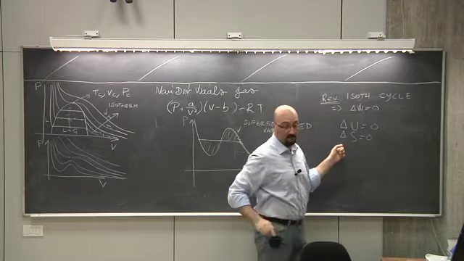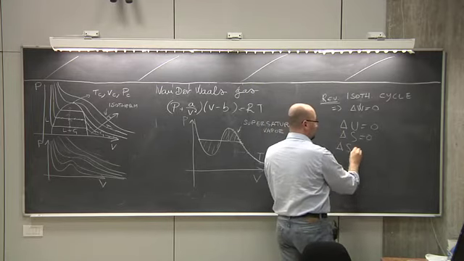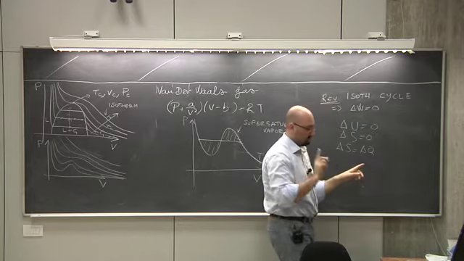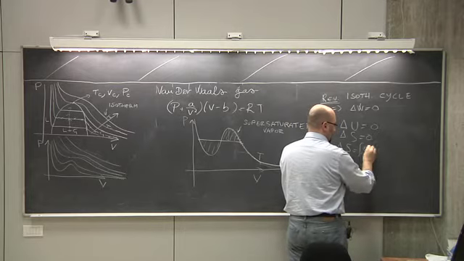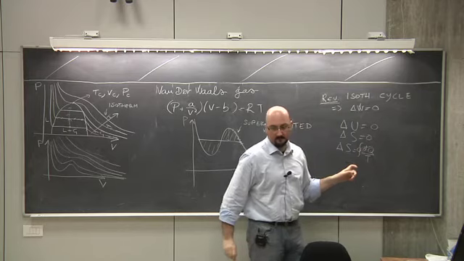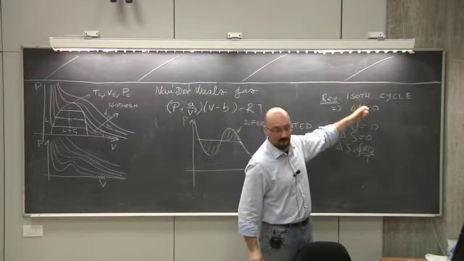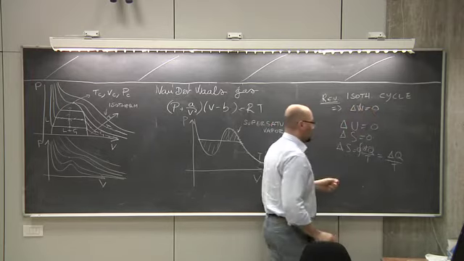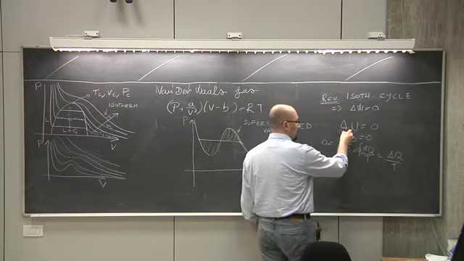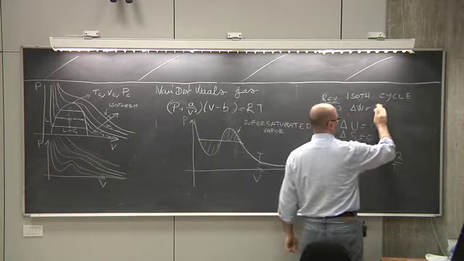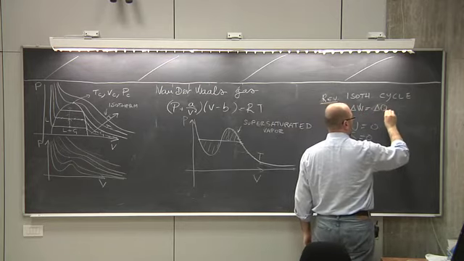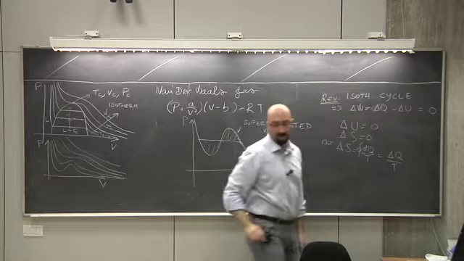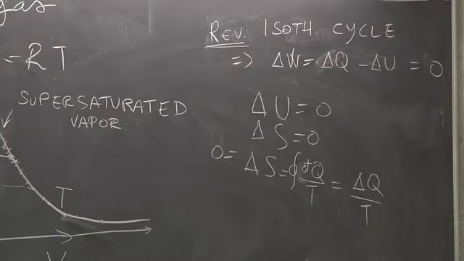And for a reversible process, the entropy change is the integral of dQ over T. But if the cycle is also isothermal, then T is constant, and this becomes the integral of dQ over T. So dU is 0, dQ is 0, so dW, which is equal to dQ minus dU, is equal to 0. Okay?